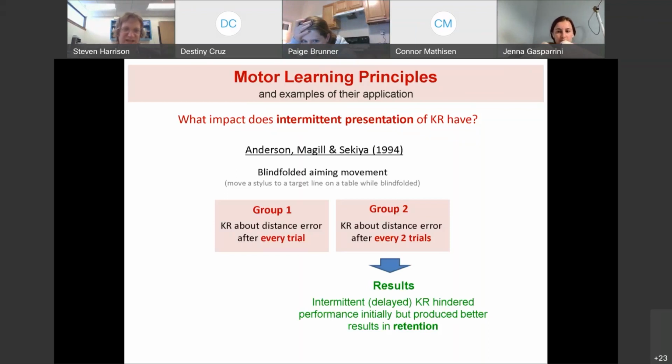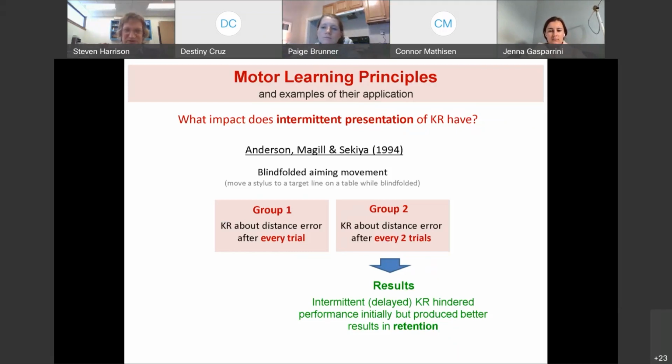What they find is that the intermittent knowledge of results hindered performance initially, but produced better results at retention. Okay, what do I mean by this? If you're receiving feedback every single trial, when you're actually training to produce the task, you're going to see greater improvements while you're continuing to do that.